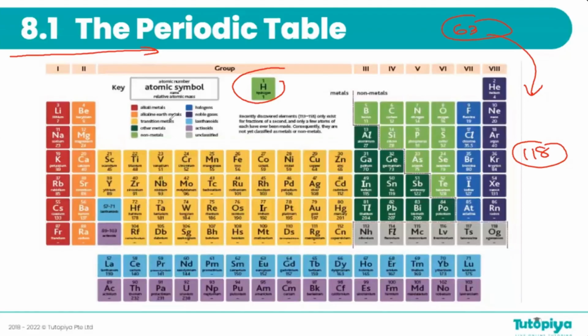Another thing that you need to know about is each column of the periodic table, or we call it a group in the periodic table, has these similar chemical property elements that have some special names. For example, the first group of the periodic table are called alkali metals.